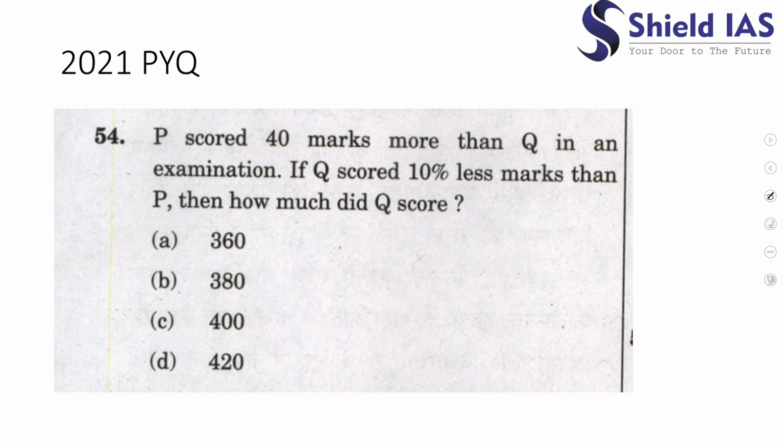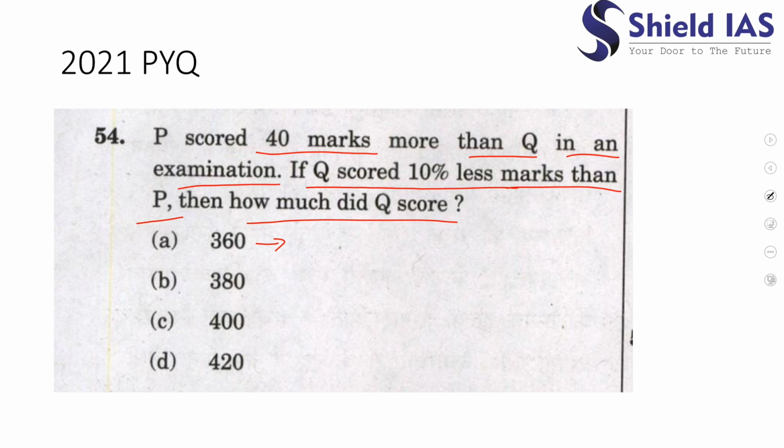Now another question. P scored 40 marks more than Q in an examination. If Q scored 10% less marks than P, then how much did Q score? Let Q score 360.